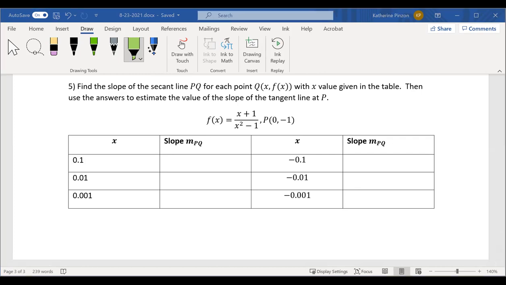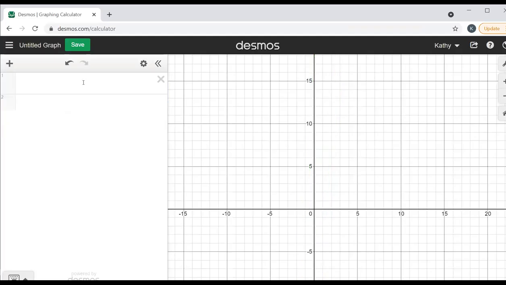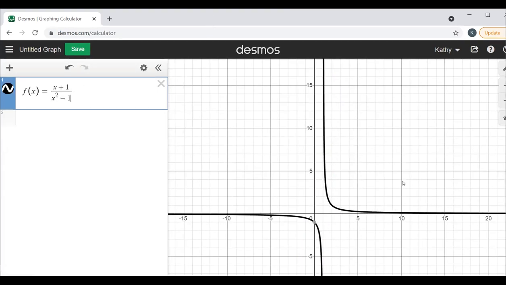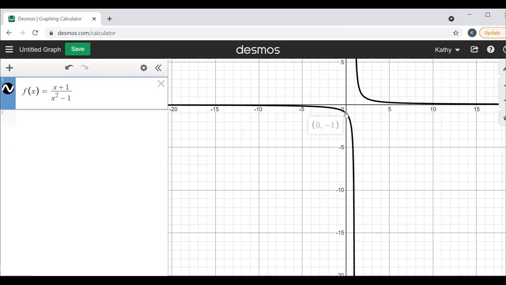I'm going to start by putting that function in. f of x is x plus 1 over x squared minus 1. Okay, so we're talking about right here at 0, negative 1. What we're trying to do is estimate the slope of the tangent line here at 0, negative 1.